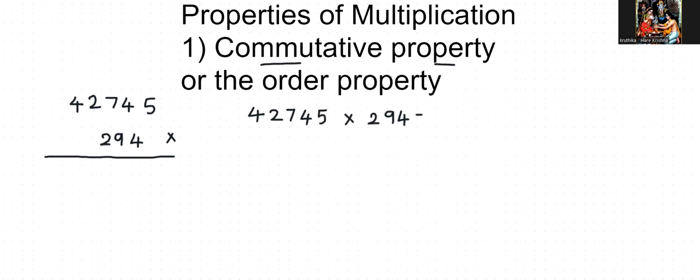In standard multiplication, howsoever you are going to multiply, the answer is not going to change. The answer should always be the same. In any order you multiply them, you will get the same answer.